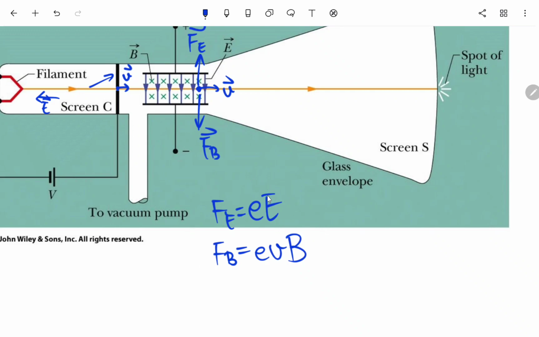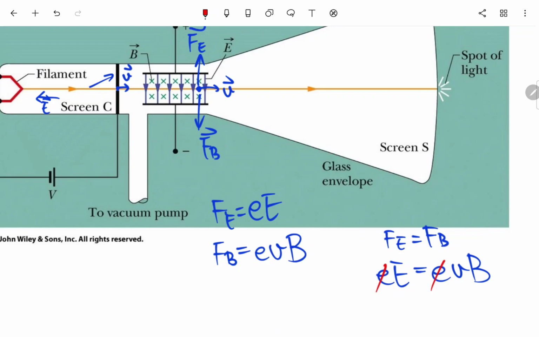So in such a way, in a particular condition, we can have Fe equals FB, which means e times capital E equals e times v times B. So in this case, we can cancel e and e, so the elementary charge doesn't matter.